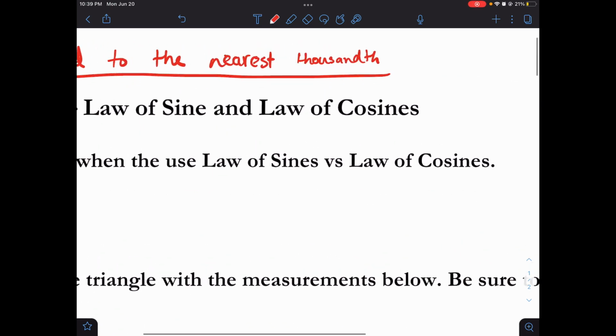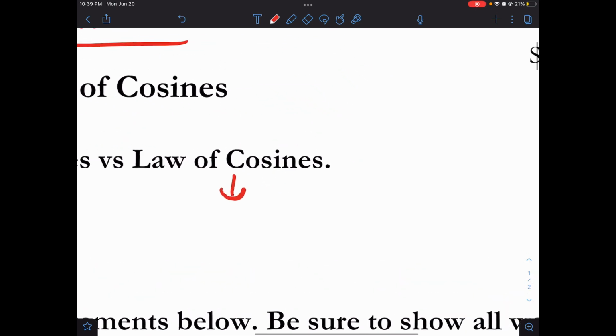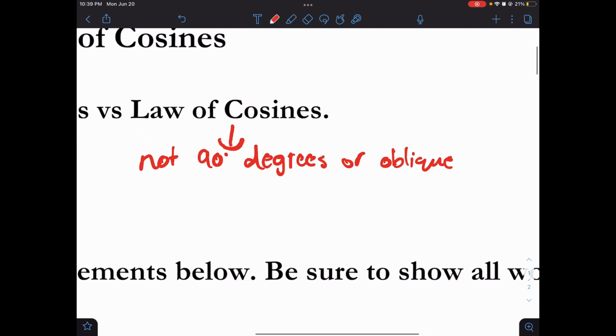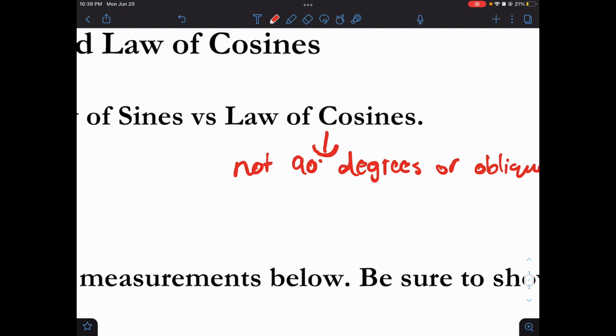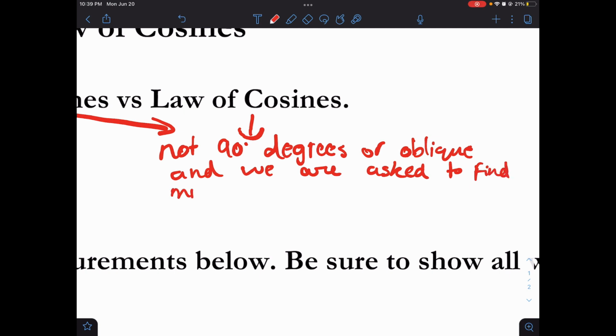Both of these are used when we have triangles which are not 90 degrees, or oblique, and we are asked to find missing angles or sides.